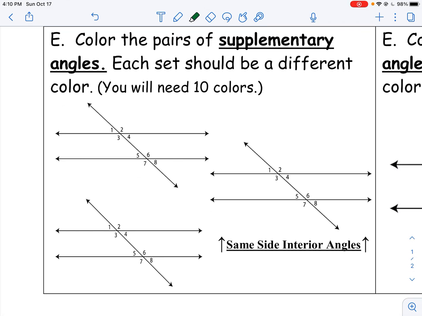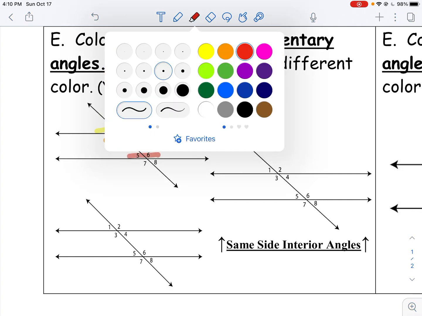Supplementary angles. Supplementary angles means that they make 180 degrees. Well, this one's a little bit harder. Those make supplementary. These make supplementary. These make supplementary.